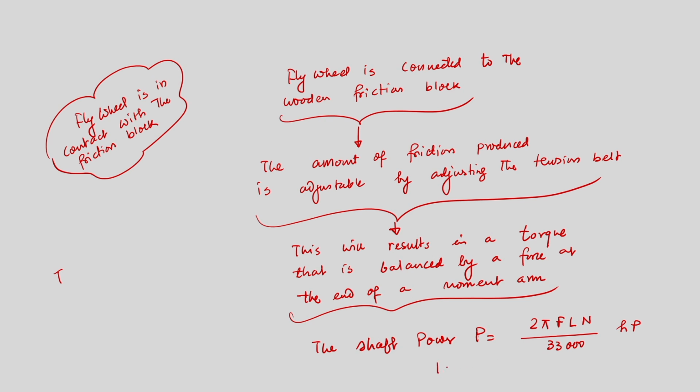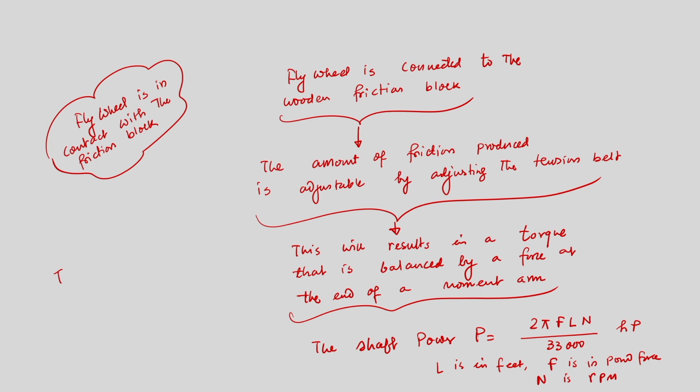F is the amount of force required to balance the torque developed because of this frictional effect, and L is the distance of the moment arm. Here L is in feet, F is in pound force and N is RPM. We can convert the units accordingly; that is not an important matter.